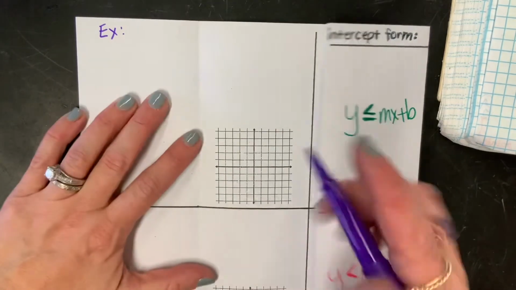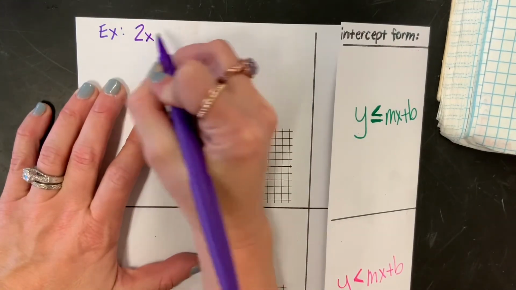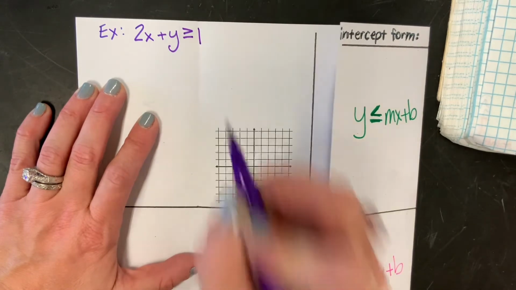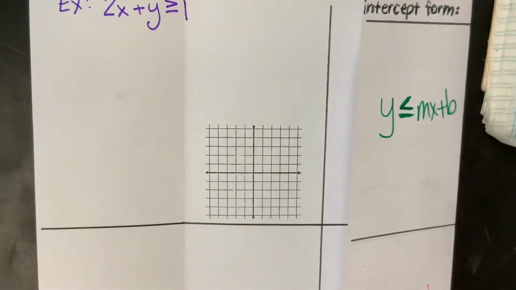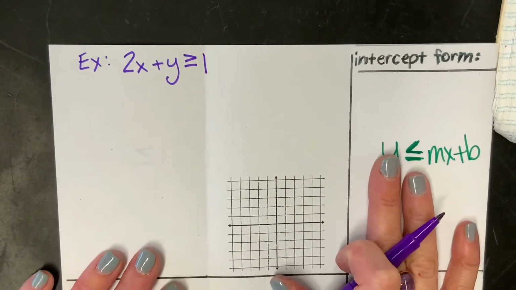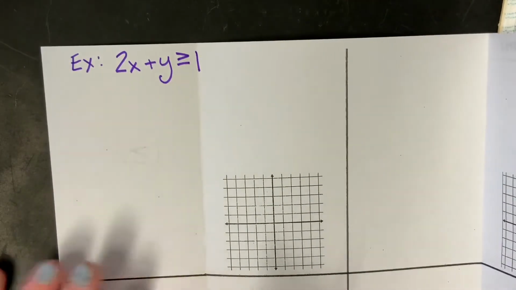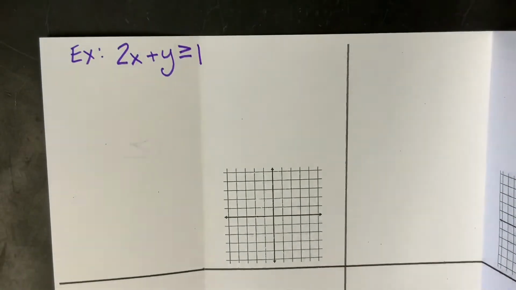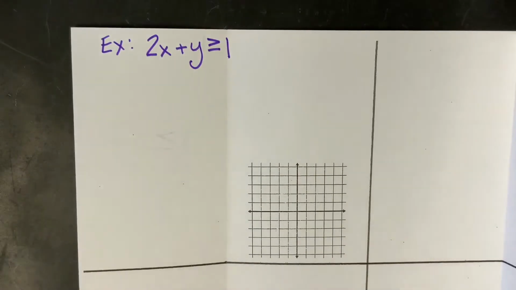Okay, so I'm going to give you 2x plus y is greater than or equal to 1. Can I graph that? No. What form is that in?